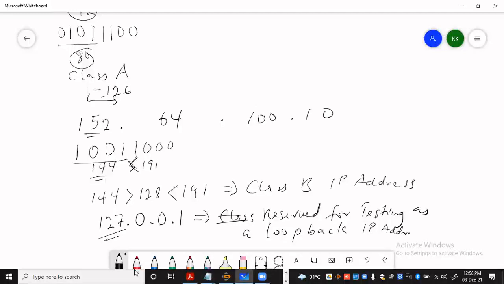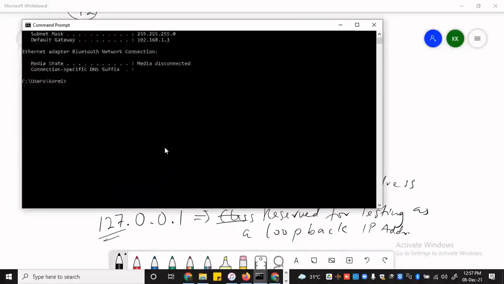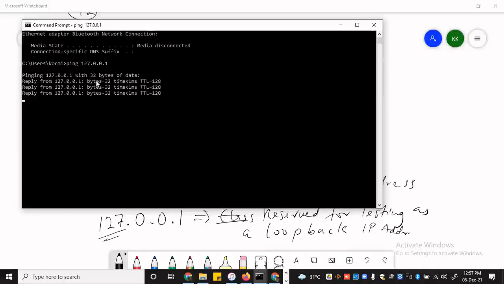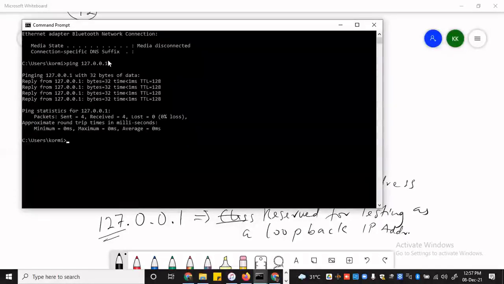Okay, so how does it work? Let's take an instance. If I want to check to make sure that my Ethernet adapters are working perfectly, if I'm not connected to any network, I can just type ping, the loopback IP address is 127.0.0.1. And if you notice, it'll be going through. Even though this IP address is not assigned to any device, I can still reach it because it's just pinging itself.